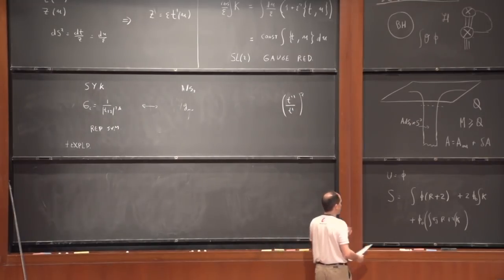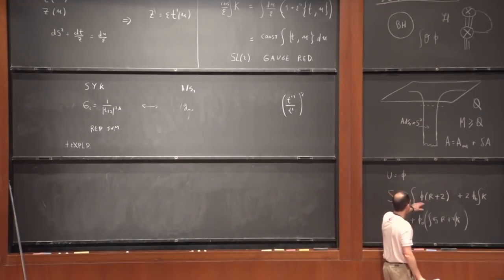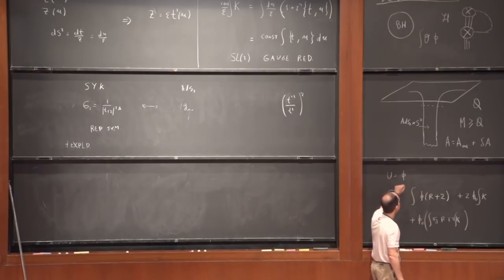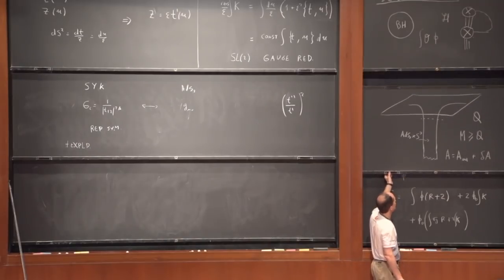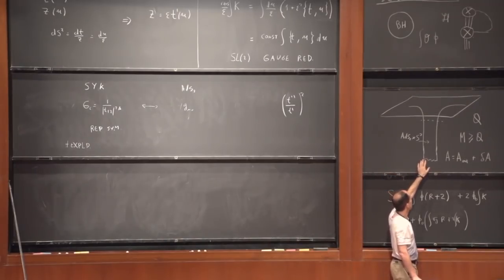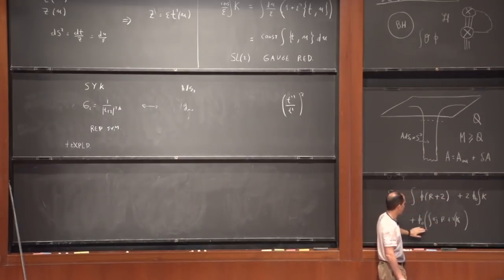Now, the point is that this type of action is going to be describing the general situation of a near extremal black hole. And the reason is essentially that when you have a near extremal black hole, you have some extremal area, so the extremal value of the area. And if you naively take that to be the value of the area, you would get this type of action from a Kaluza-Klein reduction.